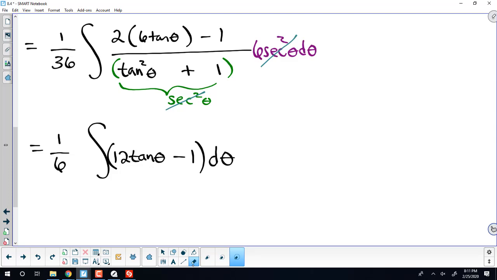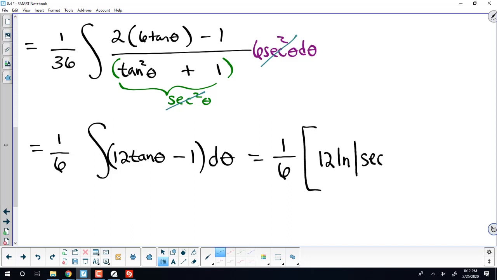Negative log. So negative natural log absolute value of cosine, or the natural log of the absolute value of secant. So either one. I'm just going to use that one because it doesn't have a negative in it.